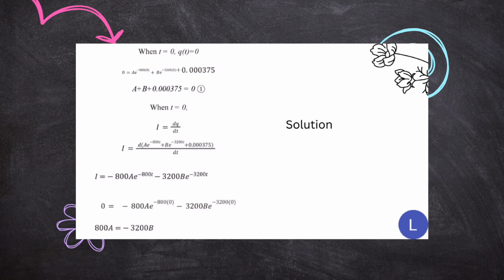We are going to substitute these values to get A plus B plus 0.000375 equals 0. This is equation number 1. And then when t equals 0, I equals dQ/dt. Substitute these values and we will get 800A equals negative 3200B. This is equation number 2.